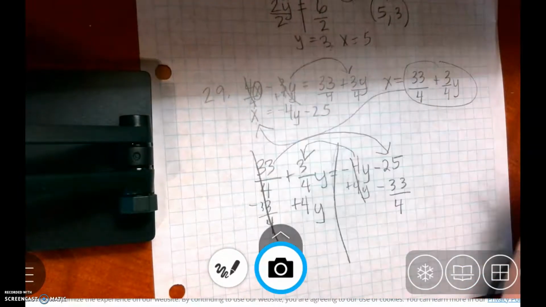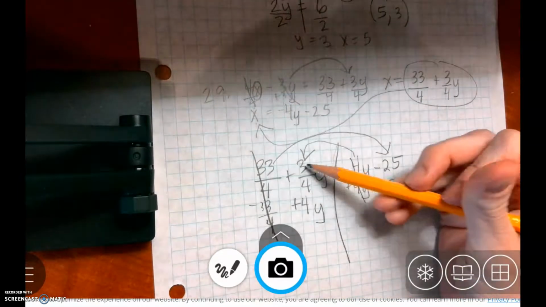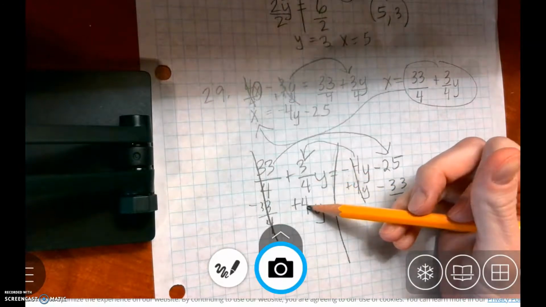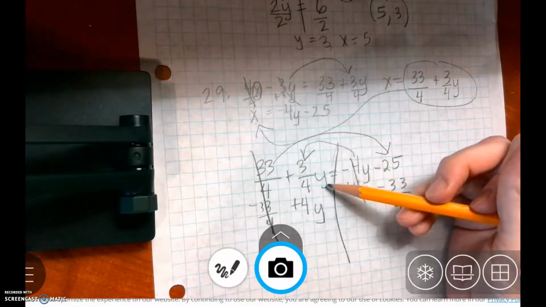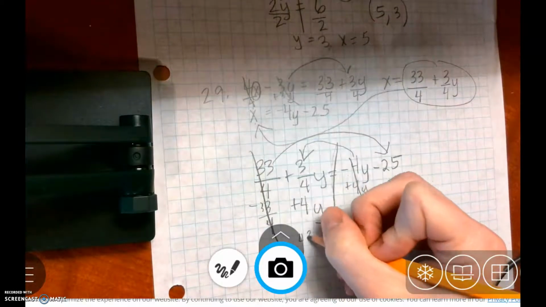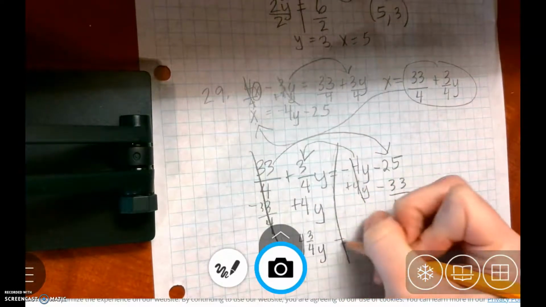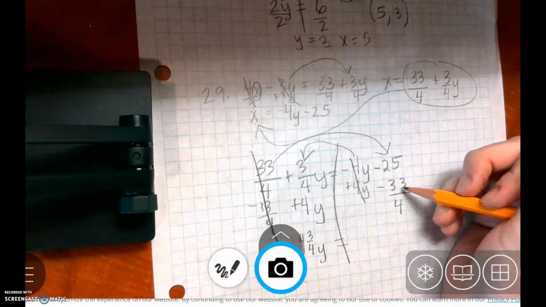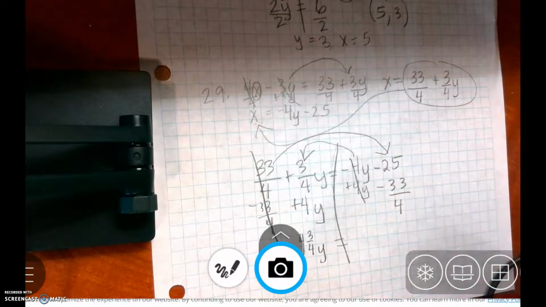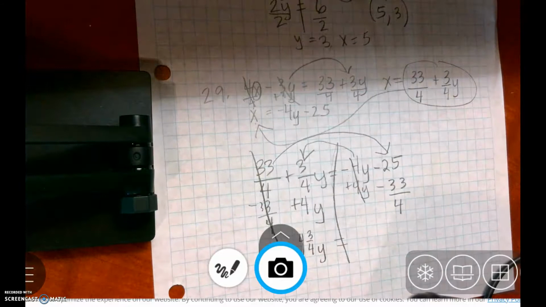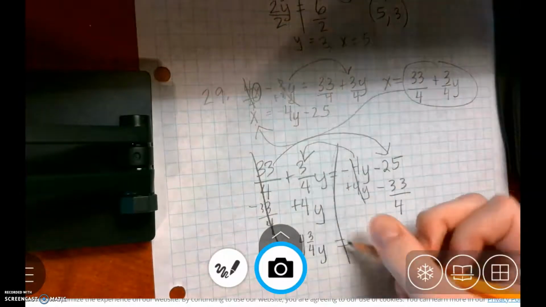I'm just keeping these fractions, but I'm going to use my calculator. So 3/4 plus 4 would be 4 3/4 y. And 25 minus 33 over 4, I'm just going to use my calculator for that. Negative 25 minus 33 over 4 equals negative 33 1/4.